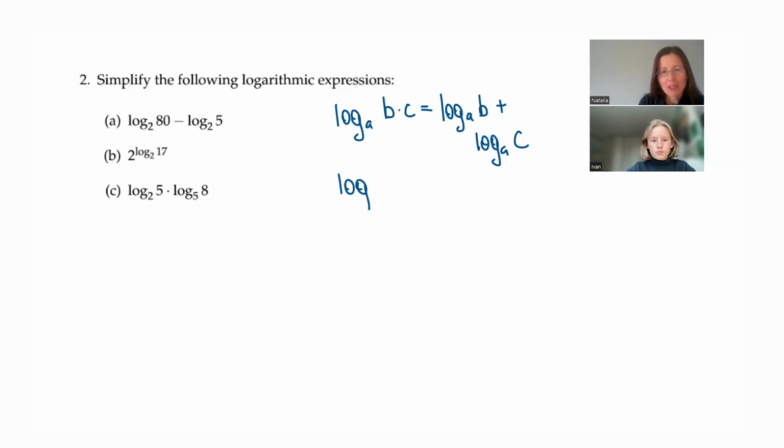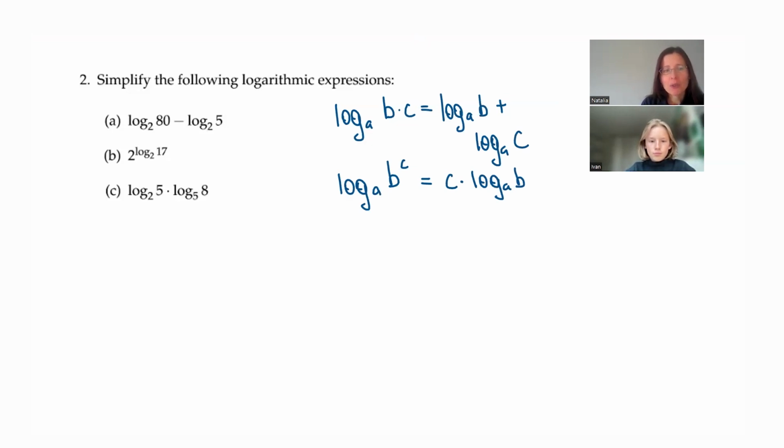And another one we have here, if I have B to the power of C, I can simplify it and I will have? C times log A of B. All right. And one more rule here.